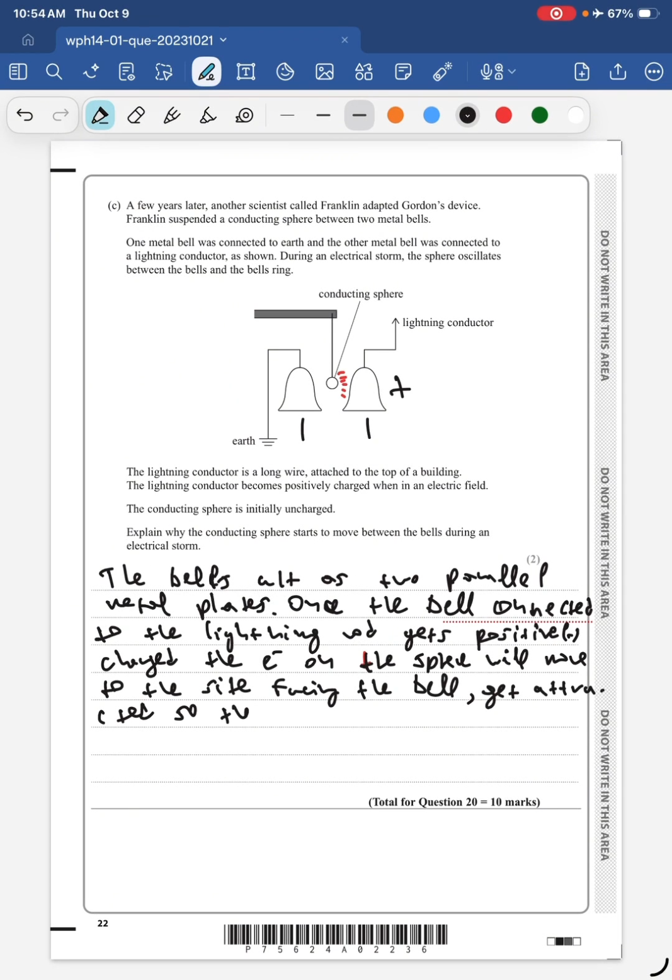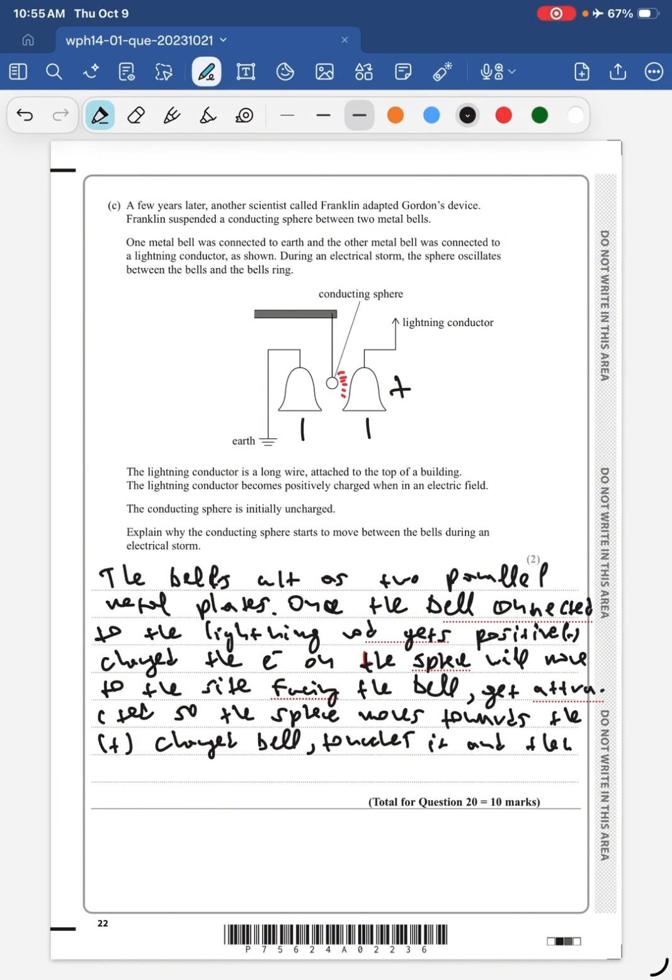So the sphere moves towards the positively charged bell, touches it, and then it starts oscillating. And that's the answer. That's a good answer for this problem. It's a 2-mark question, so it's kind of a simple problem.